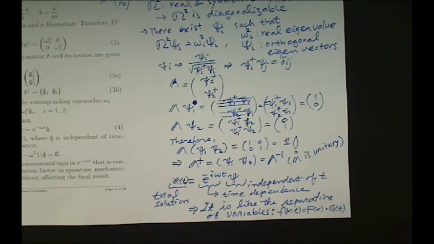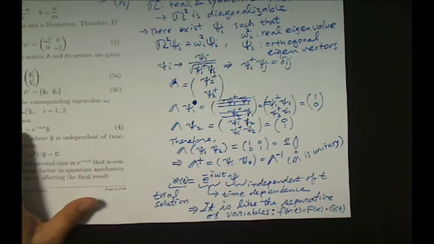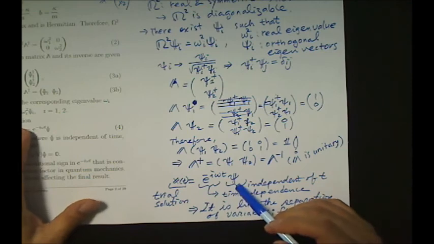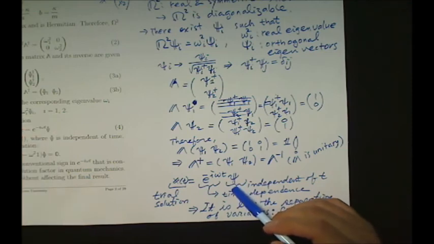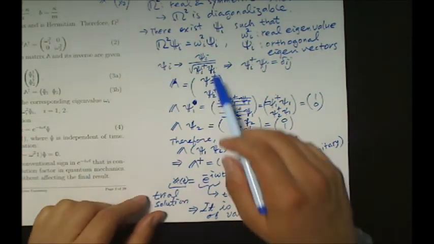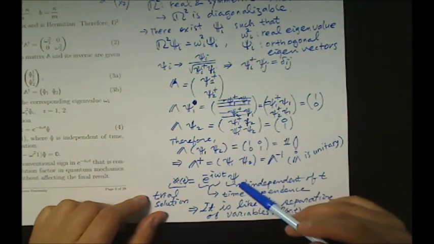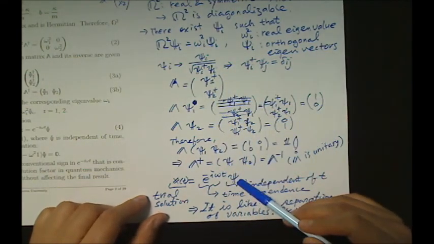Anyway, let us first assume that the time dependence appears as a separate factor multiplied by the eigenvector. It is a reasonable way of introducing this trial solution, because as we know, the eigenvectors are independent of time.